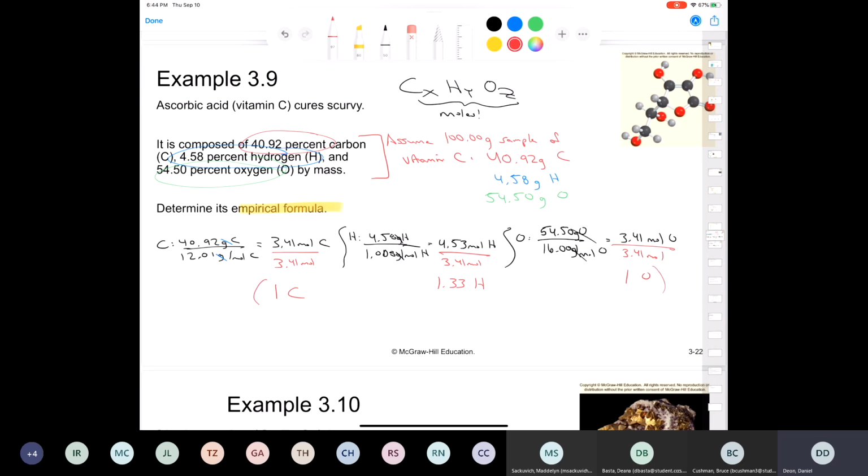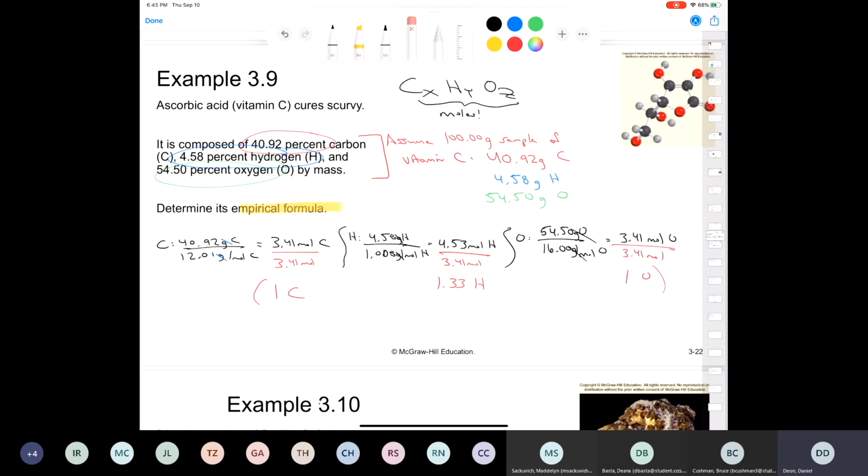Now, what can I multiply all of these by? Because there's no such thing as 1 carbon, 1.33 hydrogens, and 1 oxygen. That doesn't exist. Okay. How could I massage those numbers? Well, what if I took 1.33 and multiplied it by 3? Then I'd get 3.99, which is pretty darn close to 4.